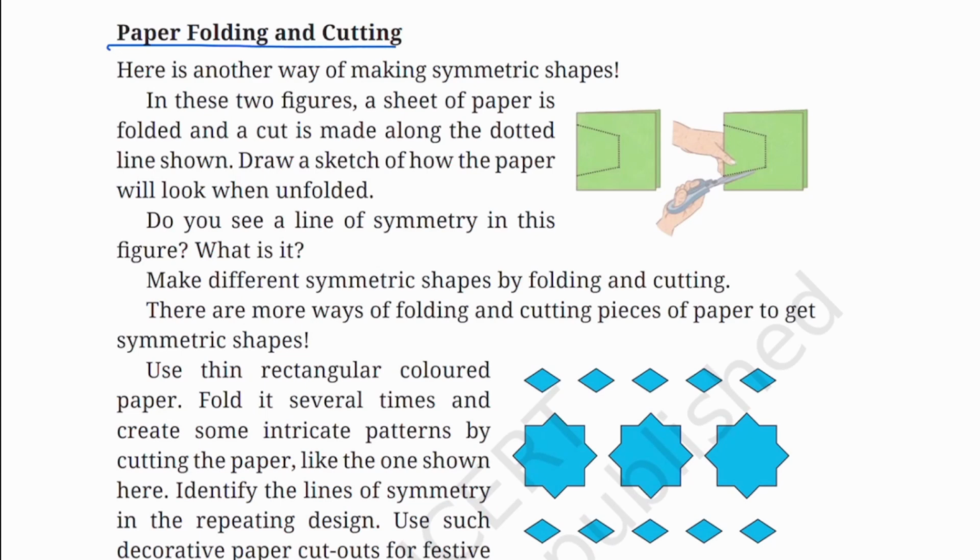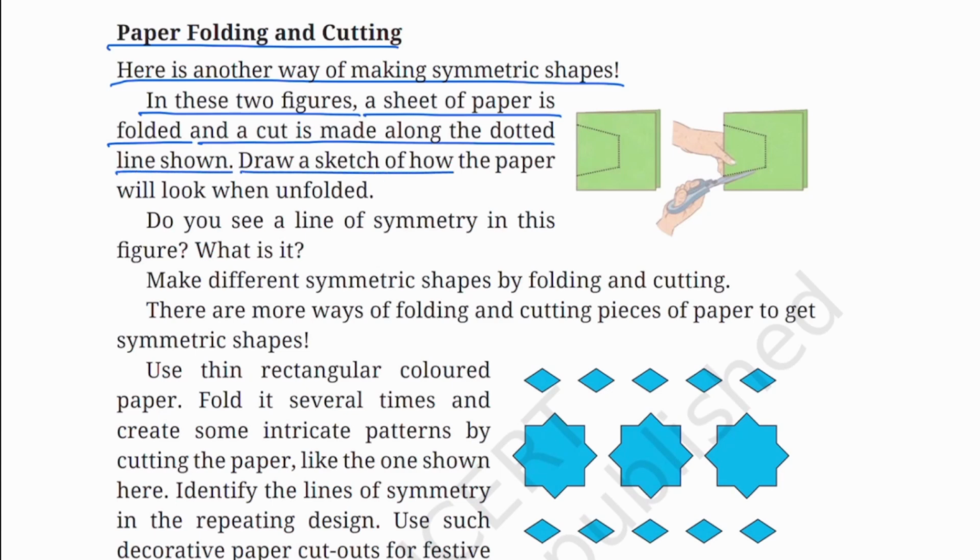Paper folding and cutting. Here is another way of making symmetric shapes. In these two figures, a sheet of paper is folded and a cut is made along the dotted line shown. Draw a sketch of how the paper will look when unfolded. When the paper is unfolded, you will see a hole of this shape.